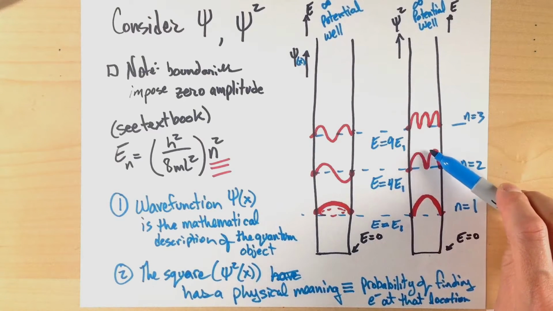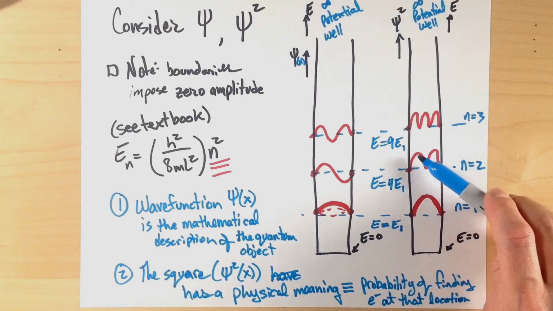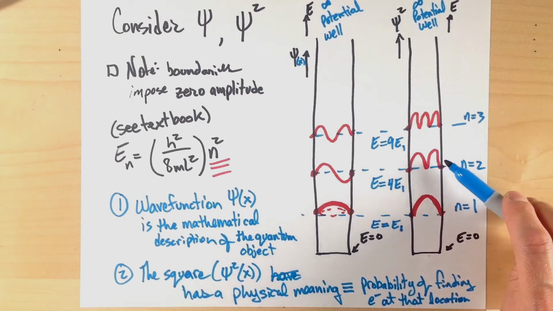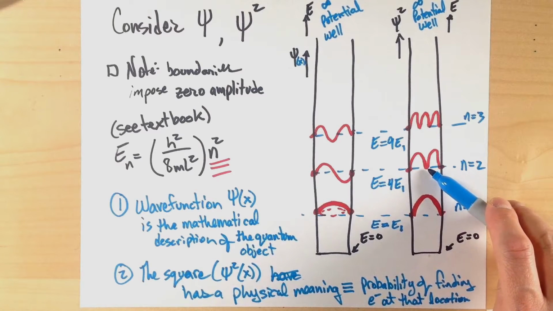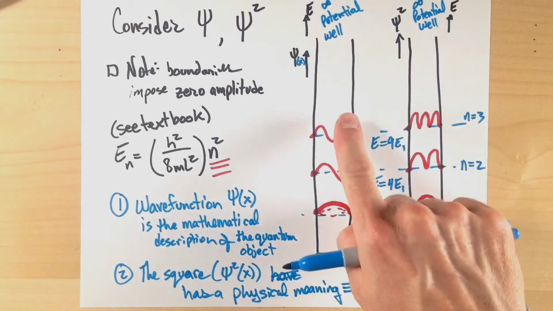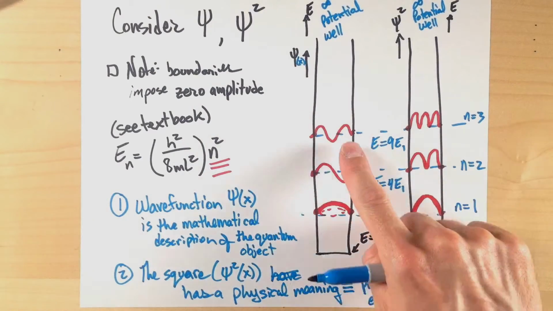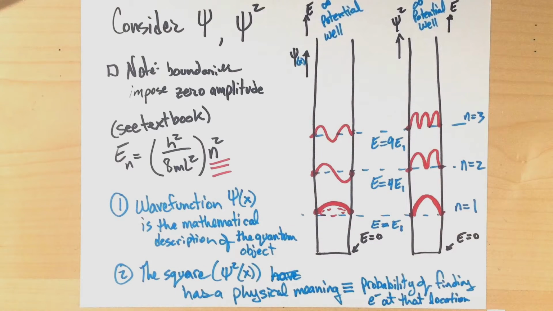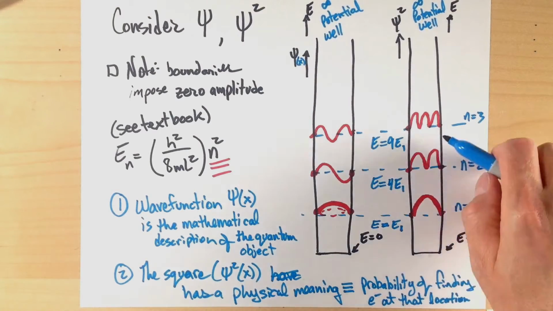The two equally most likely locations are, I guess, roughly 1/4 away from each boundary. And then at the actual center, the probability turns out to be 0 that we would find an electron there, and so on. And while the equations operate on this one that we'll introduce in a moment, the actual physically meaningful and physically measurable quantity is the square.